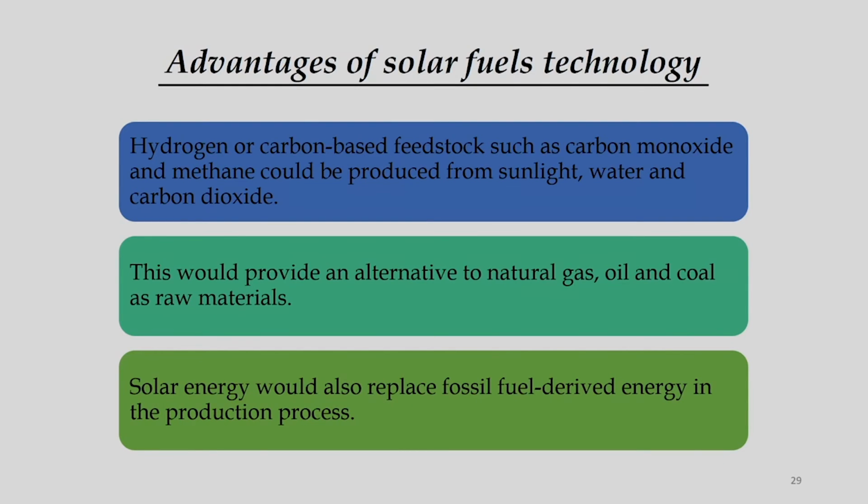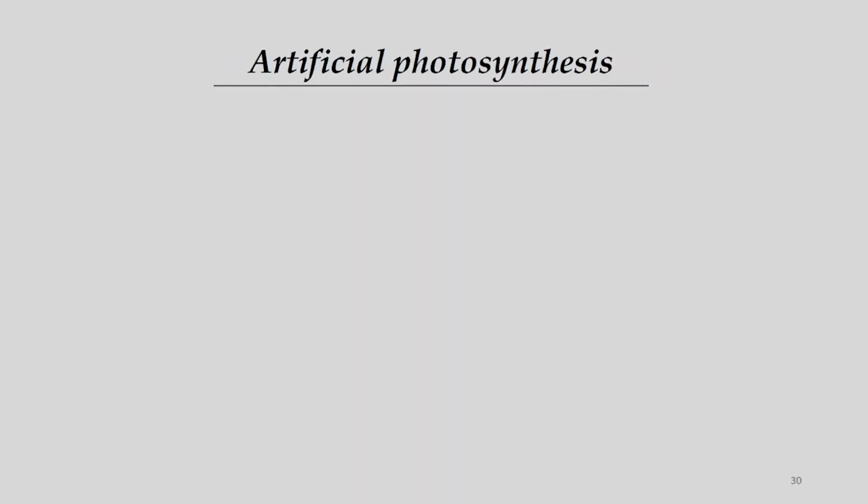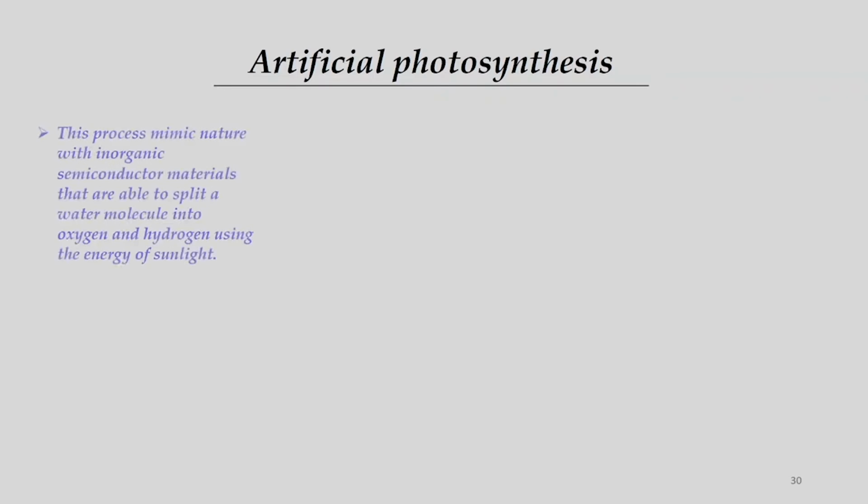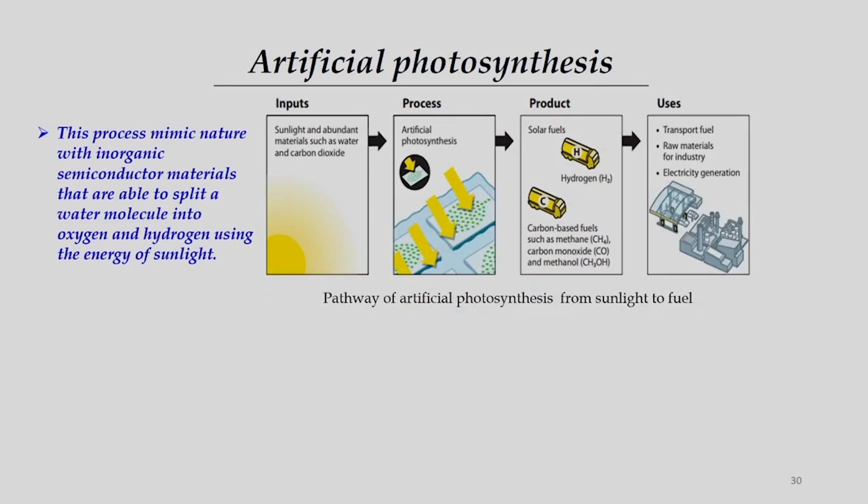So, if we pay attention to artificial photosynthesis, this process mimics nature with inorganic semiconductor materials that are able to split a water molecule into oxygen and hydrogen using the energy of sunlight.